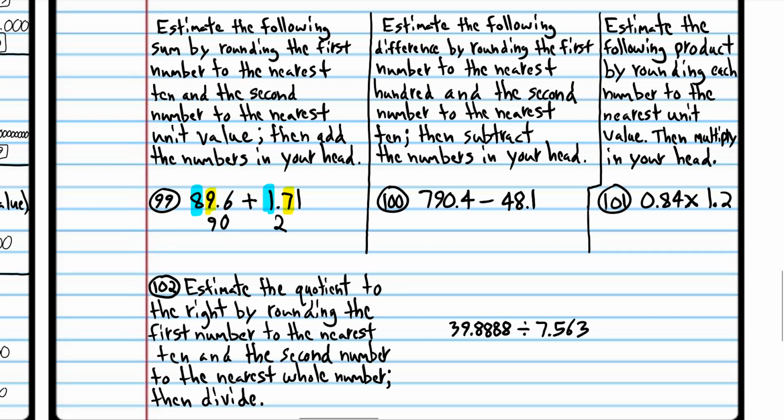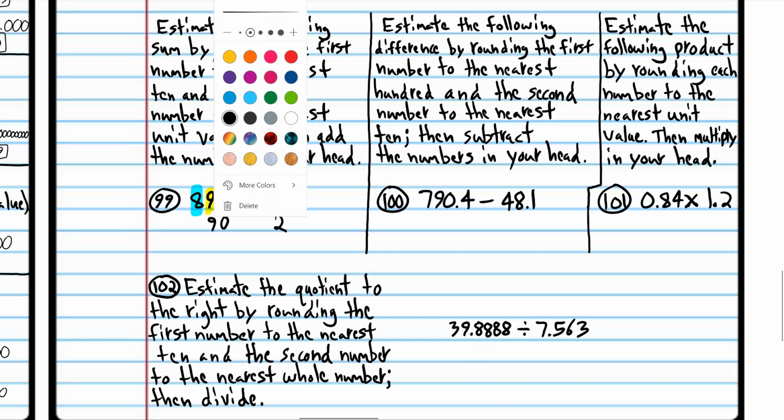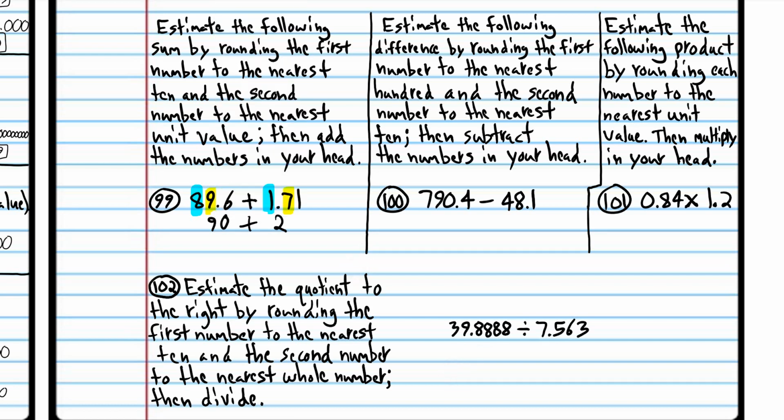So if we tried to add, and I'm going to add the plus sign there, if we tried to add these two numbers, it might not be so easy to do because there's a lot of numbers there. So what we did is we said, well, we don't need the exact answer, so we'll just round those numbers off to 90 and 2, and then we'll add 90 and 2.